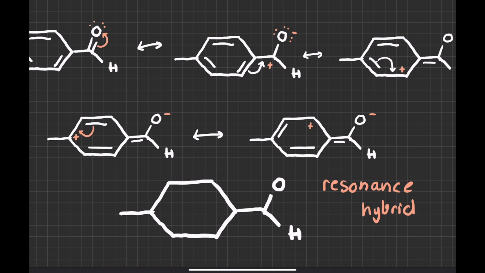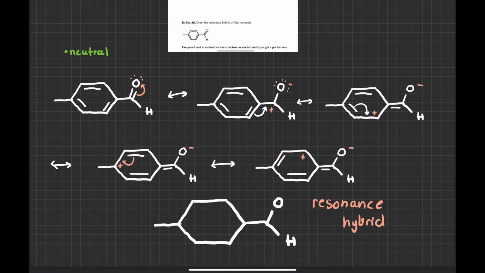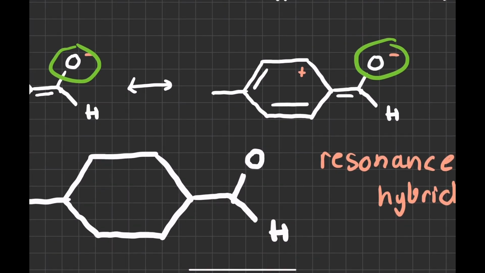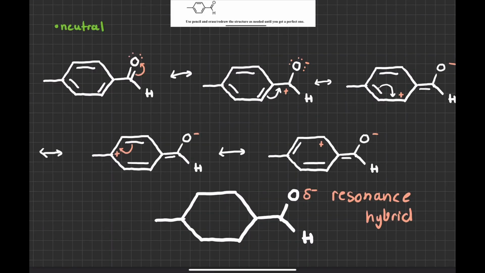Let's identify all of the locations of our charges. So the only place that we had a negative charge was on the oxygen for all of the resonance forms. Therefore, we can say that the oxygen has a partial negative charge. Now let's take a look at the positive charges.